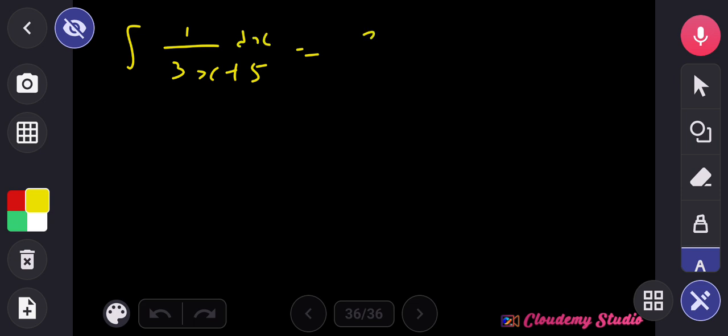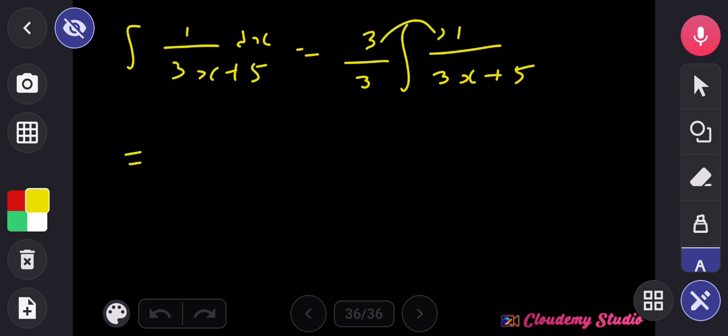That is 3 over 3 integral of 1 over 3x plus 5. The 3 comes here. So that is equal to 1 over 3 integral of 3 divided by 3x plus 5.